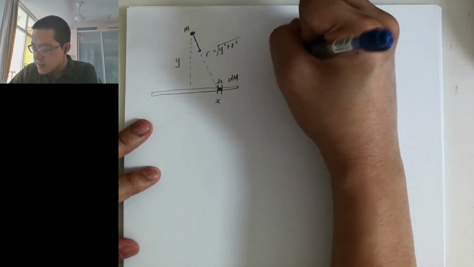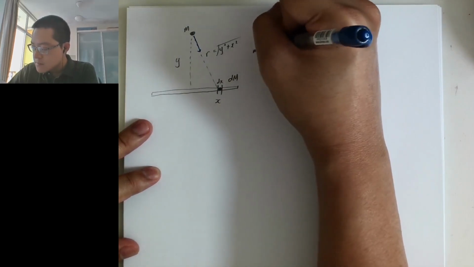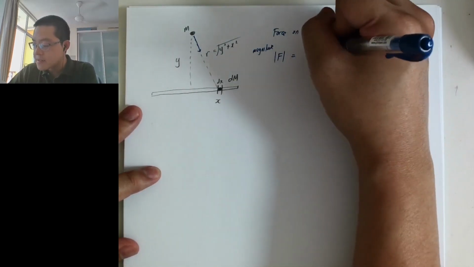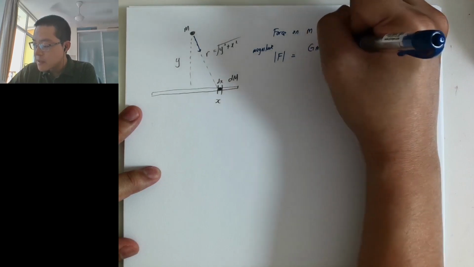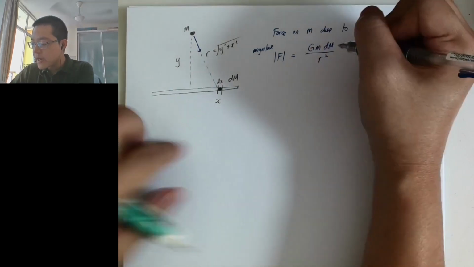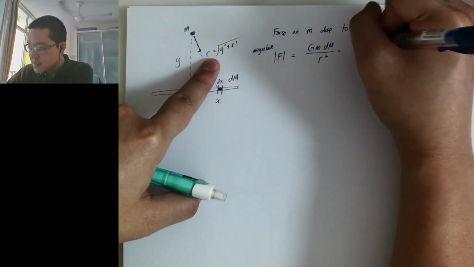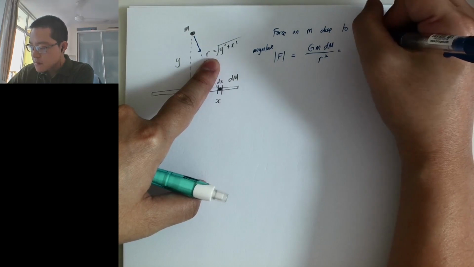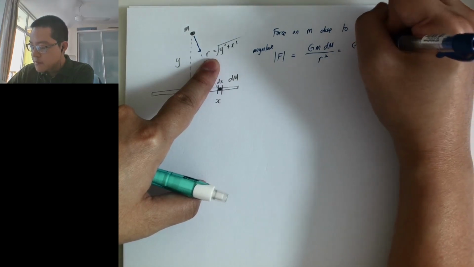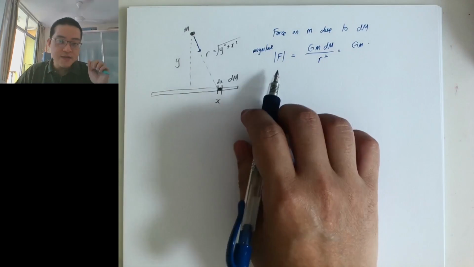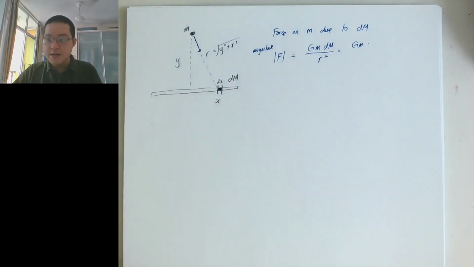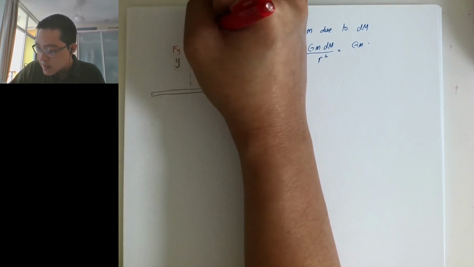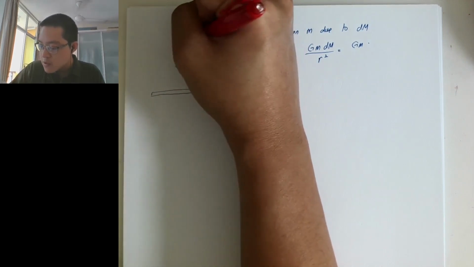The magnitude F is GMdm over r squared, and r is this, so it's GM, let's keep it like this first. This is the magnitude, but then I want to calculate the components. There is a y component and an x component. So what is the y component?